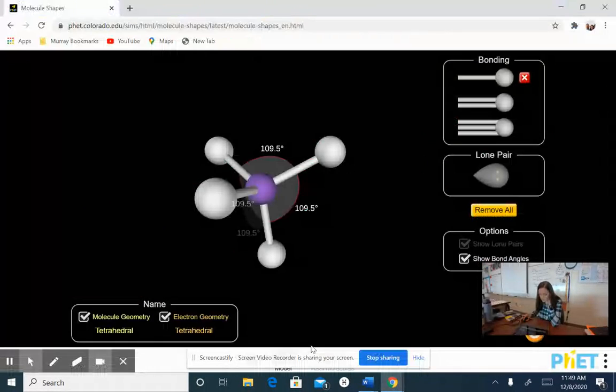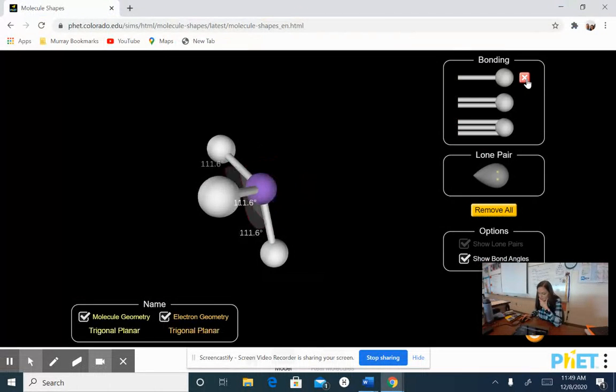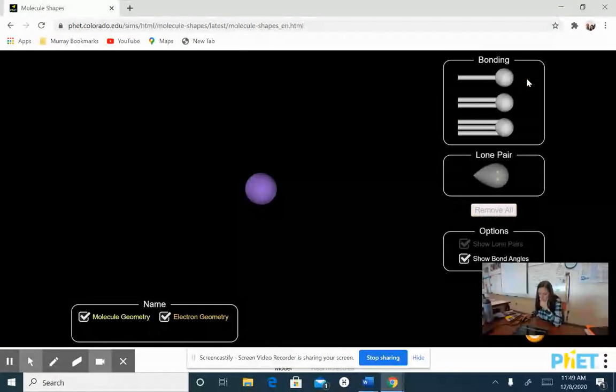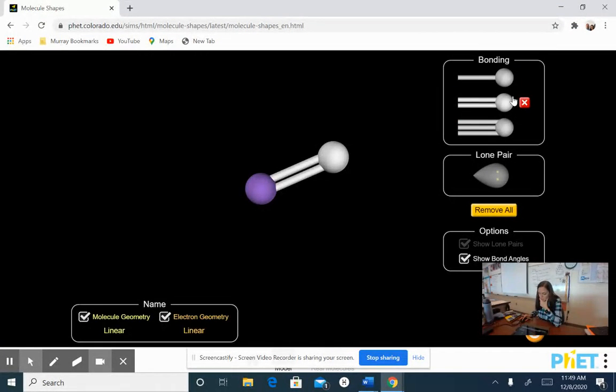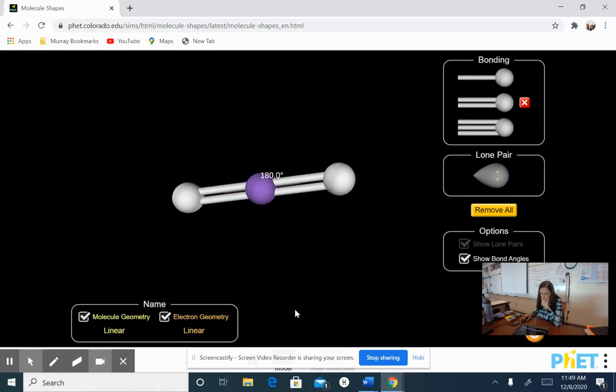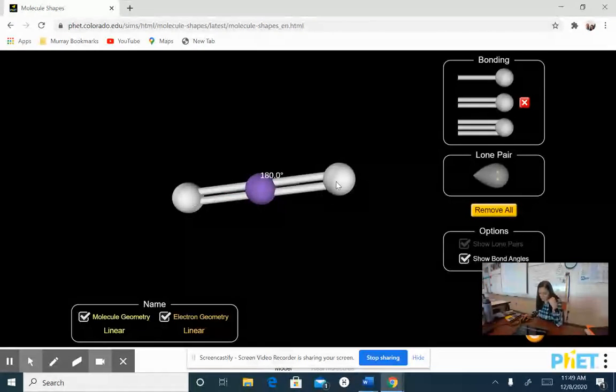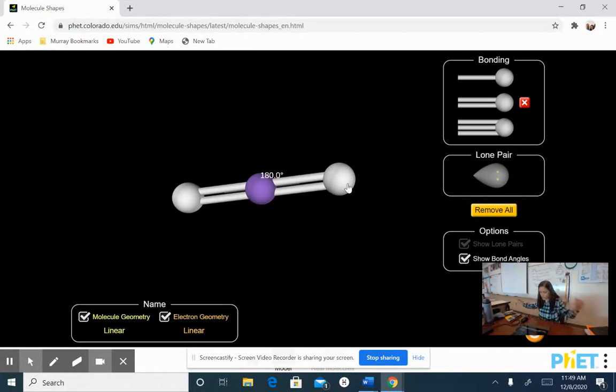So we've got 2 double bonds. So let's take all these single bonds off, and I've got 2 double bonds. Okay, what does it look like for that molecule? Is it linear? Are those dipoles going to cancel each other out because they're directly opposed? Yes, they are.